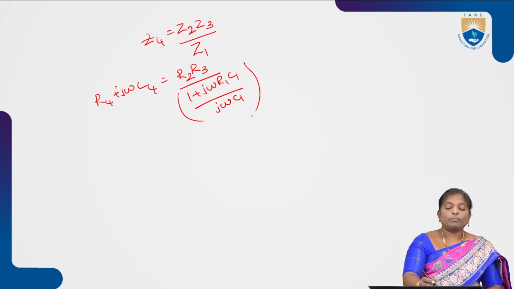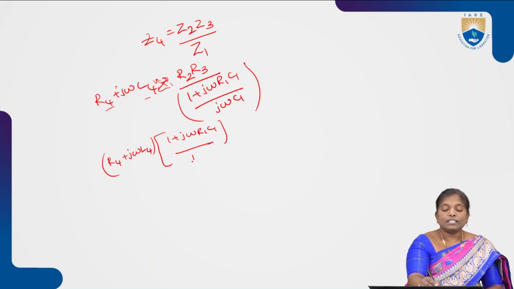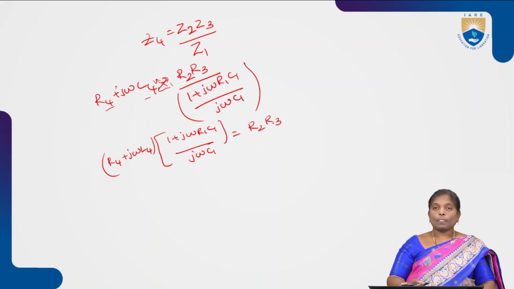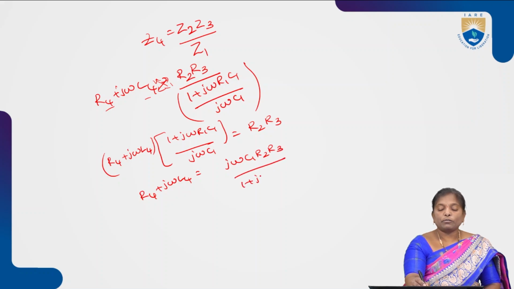Again, to measure this R4 and L4 values, cross multiply this equation. Then we have R4 plus j omega L4 into 1 plus j omega R1 C1 by j omega C1 equal to R2 R3. Now we can multiply this j omega C1 here. So R4 plus j omega L4 equal to j omega C1 into R2 R3 by 1 plus j omega R1 C1.